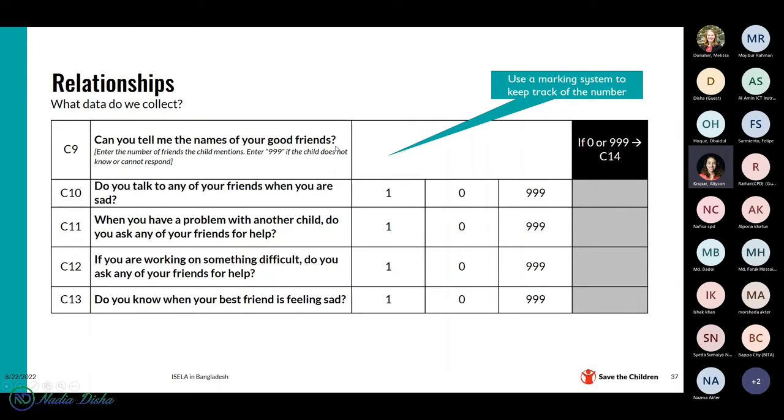So one of the things that's important, we haven't talked about, but is very important for the enumerators, is rapport building. So we want to make sure that children feel comfortable in telling this information to this adult who they don't know. And so one of the things that's really important to work with the data collectors is making sure that they can build rapport with the children, and the child can feel comfortable with them.